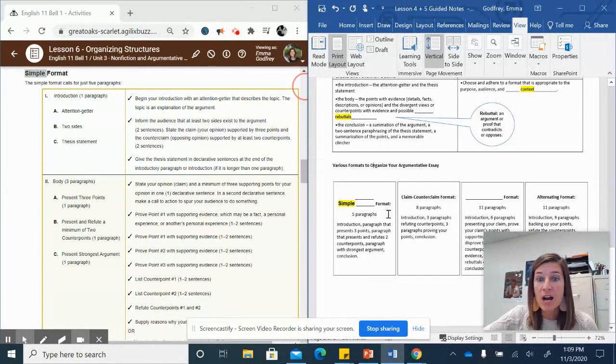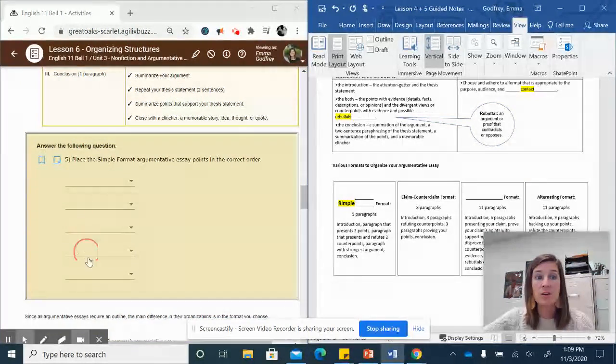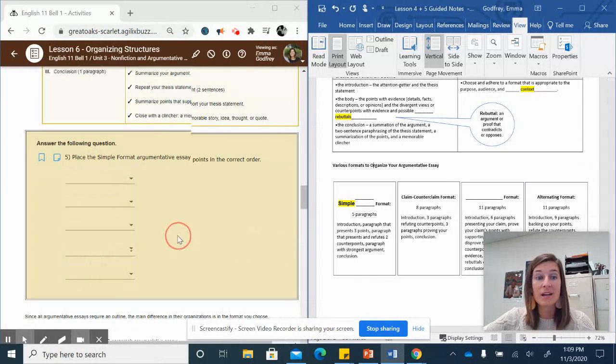So you have 5 paragraphs, you have your introduction, you have a paragraph that presents the 3 points you're trying to make, a paragraph that presents and refutes 2 counterpoints, so the other side thinks this and this, and overcome it, a paragraph with your third and strongest argument, and then your conclusion. So that's 5 total. And then you're going to come down here and put those in order using this.